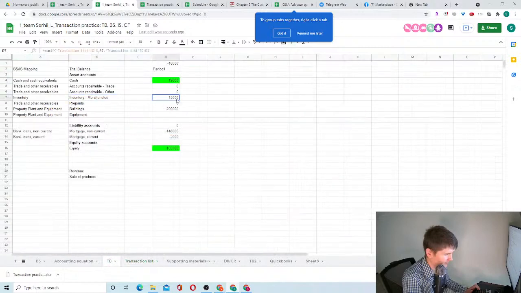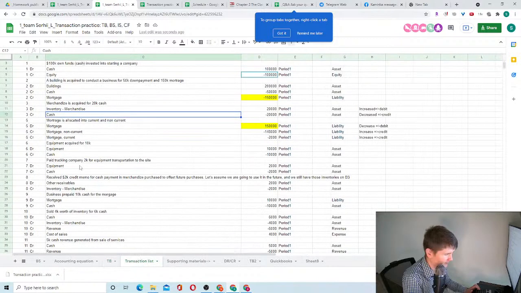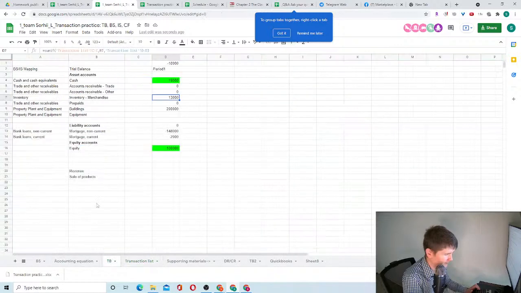Okay, inventory merchandise, we have that account. And mortgage, equipment and cash. Okay, we have an equipment, but we don't have a formula here. And once we put in an equipment, we see that our difference decreased to 6,000.